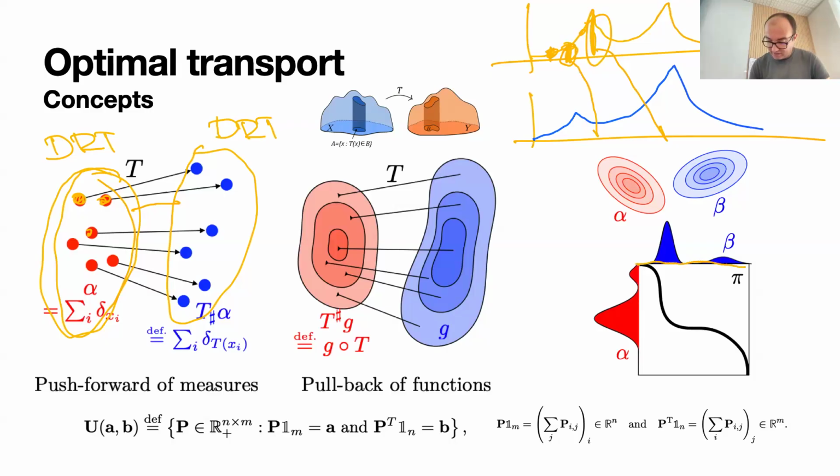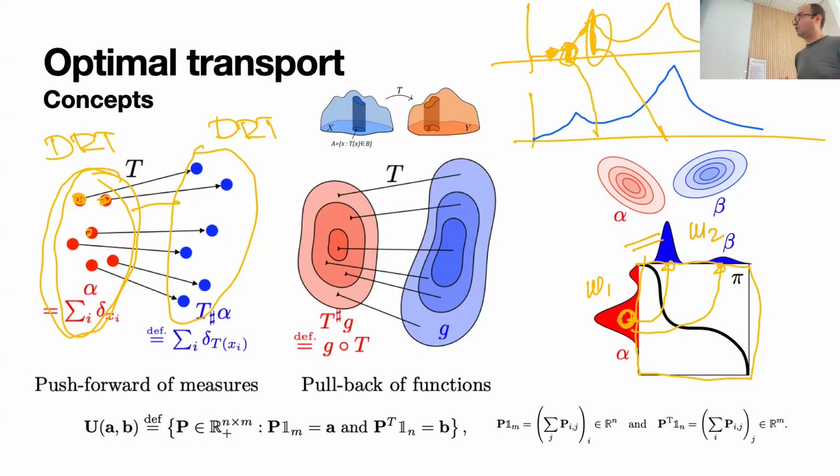The result is a matrix that shows me how I transported mass from one DRT to recreate the other. There is a case where this is called optimal transport, which means that mass 1 and mass 2 are equal. So I don't have to add additional sand, or destroy any sand.